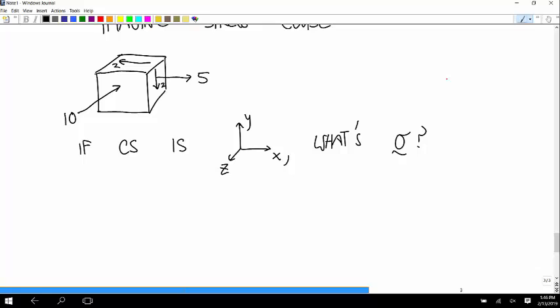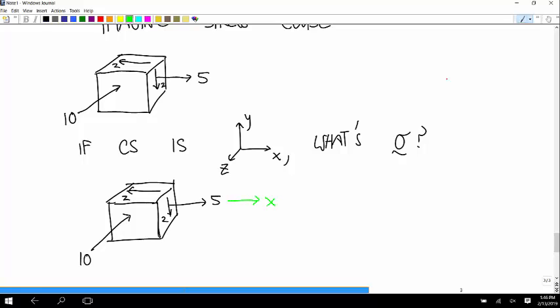Okay, so the axes look like this. Here's x, here's y, here's z.